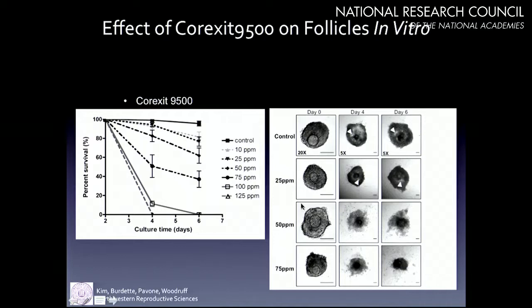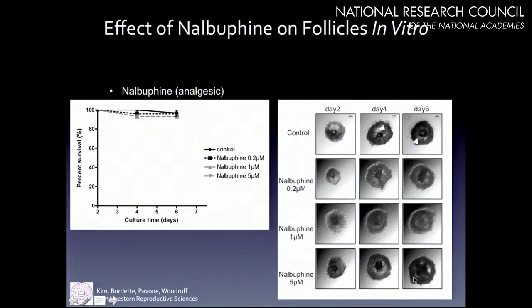And you can see here with Corexit that increasing doses of Corexit does indeed affect the survival and the quality of those follicles in a dose-dependent as well as a time-dependent manner. And just as a nice control, we also have exposure of these follicles to an analgesic that is commonly used called nalbuphine, and it does not affect follicle quality or morphology or development.